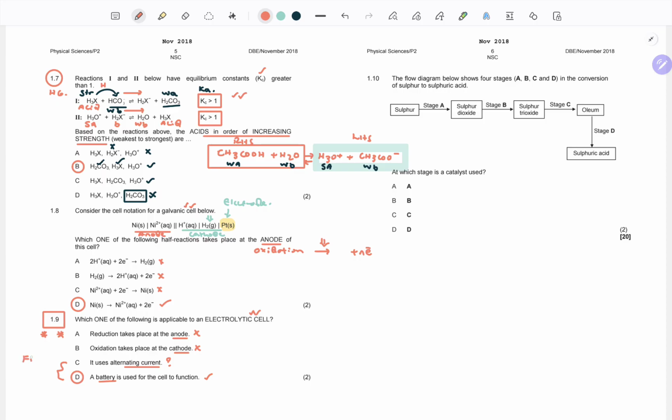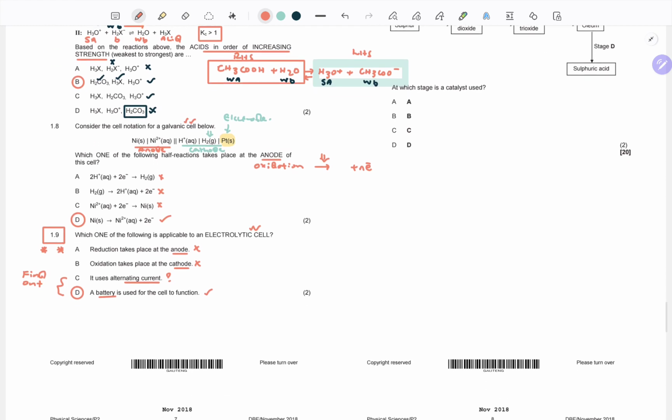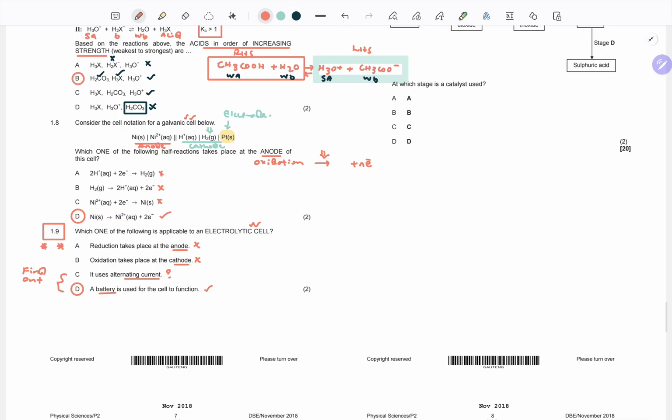Now find out, students. When you study, don't just answer questions and then check the memo. Sometimes you get yourself some homework, if you would call it homework, or some bit of work. Find out whether the power source matters or not.